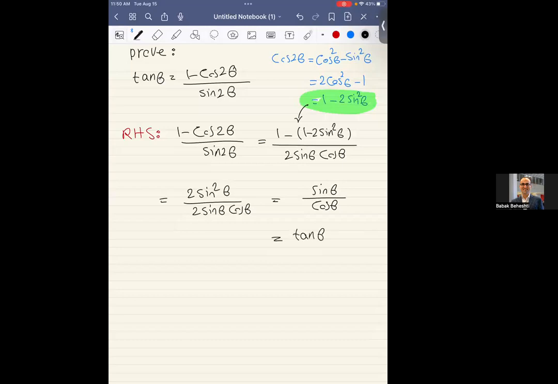Now that is just the left-hand side, right? Is this proof clear? Liana? Is that clear?